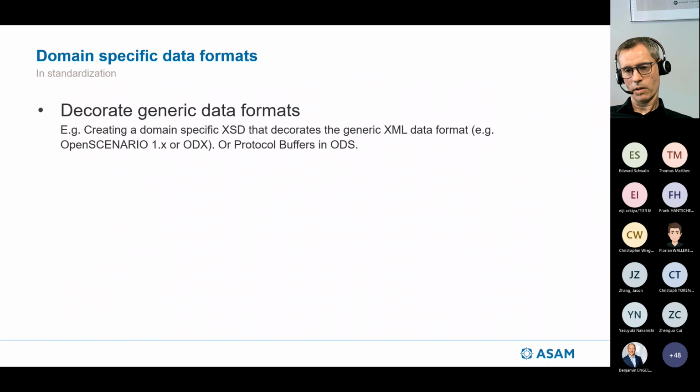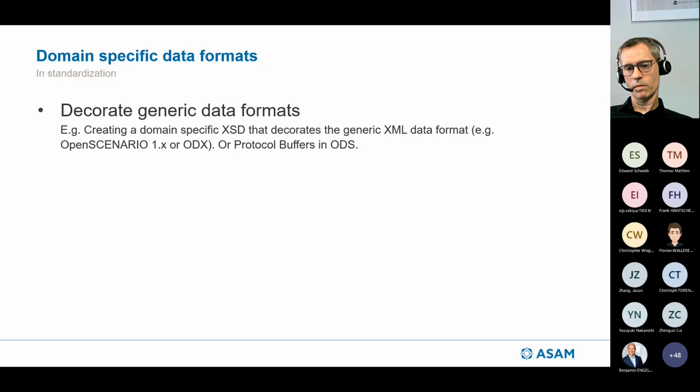So how can we define data formats in a standard? The one that we use very often is that we decorate generic data formats, which means we have data formats that have everything in place. They are extensible, for example, like XML, and to add some semantic sugar or some domain-specific knowledge to these generic data formats, we define, for example, an XSD, which is domain-specific, to decorate a generic XML data format.